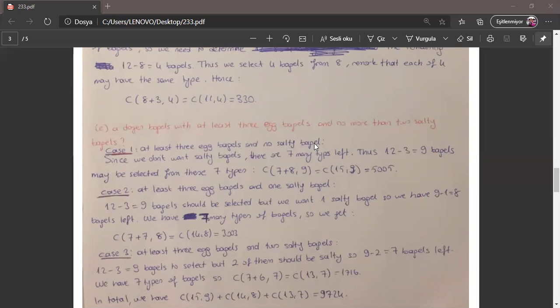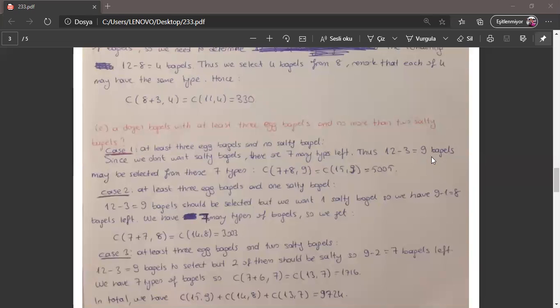We will not choose salty bagel. So we had 8 types before and we subtract the salty bagel, so we have now 7 types. And we want to choose a dozen bagels, and at least 3 of them will be egg bagels, so we have 9 left.